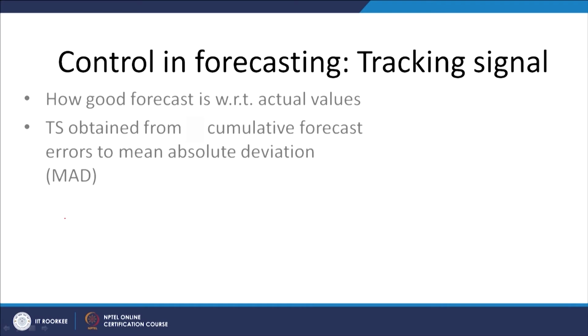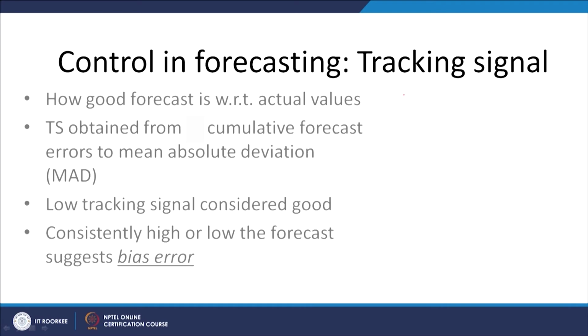Now, it is important to see, if we are doing forecasting, how good the forecasting is. One method was to calculate the forecasting error, in the form of mean absolute deviation, mean absolute percentage error, or mean squared error.